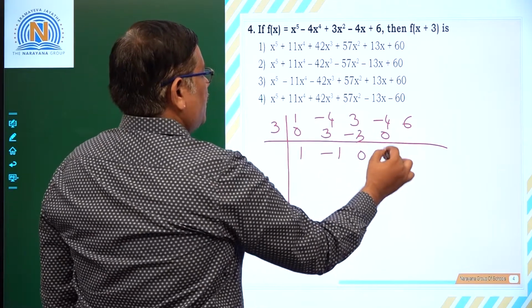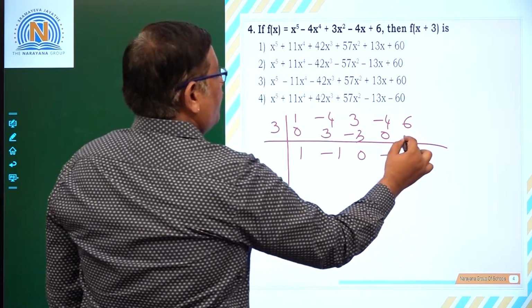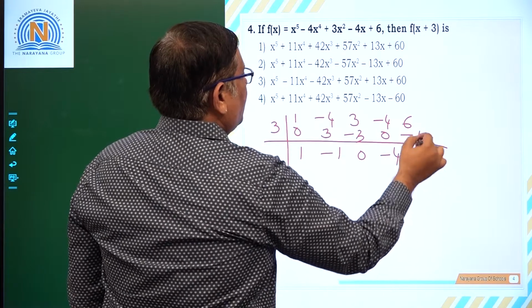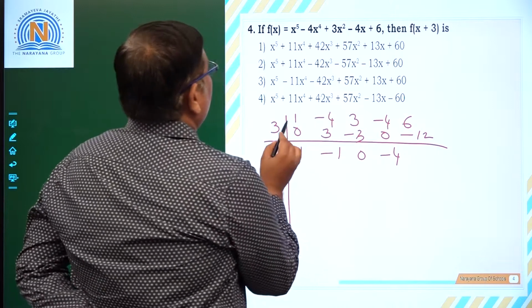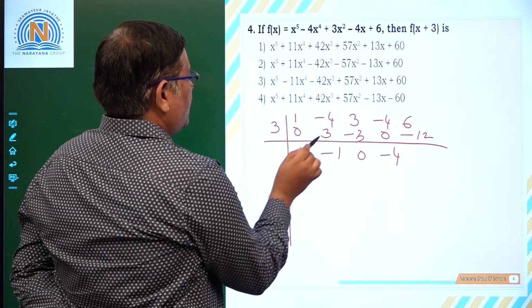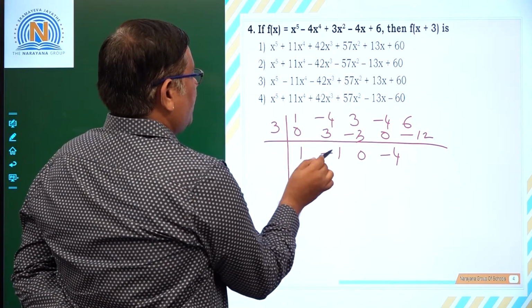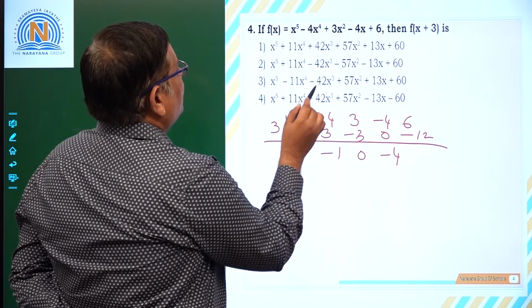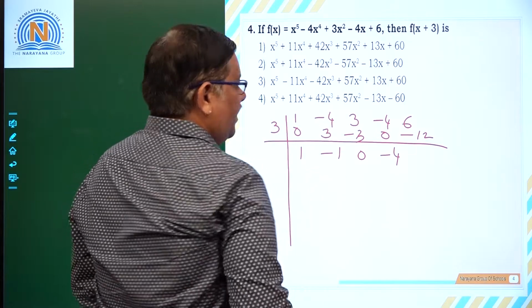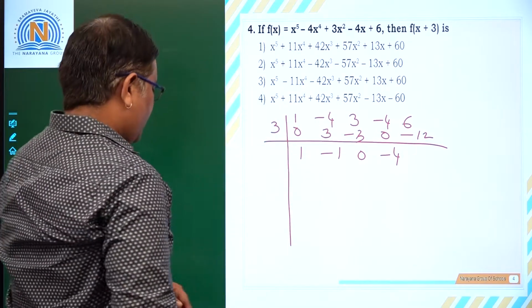Okay, so this is minus 4. 3 into minus 4 is minus 12. So here we get 6 minus 12. So 1 plus 0 is 1. 3 ones are 3. So minus 1 here. 3 into minus 1 is minus 3. So this is 0. Did I miss any term? x cube is not there. See, here I made a mistake. What is that? x square is not there.